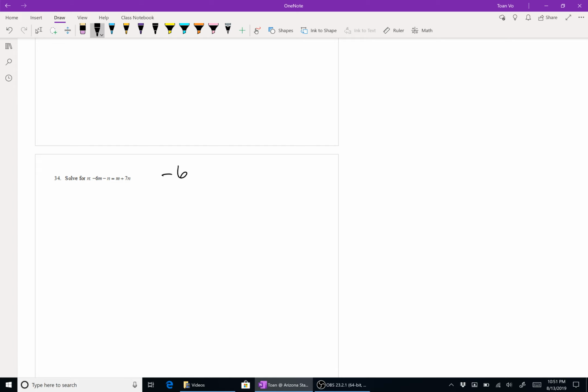34, solving for letters when there's lots of letters in a problem. Remember, when I do solve an equation, I like to pretend that the variable I'm solving for is highlighted. So notice how this is a variable on both sides problem. I got n's on both sides. So the general concept is move the variables that you want on one side and move the unwanted stuff to the other.